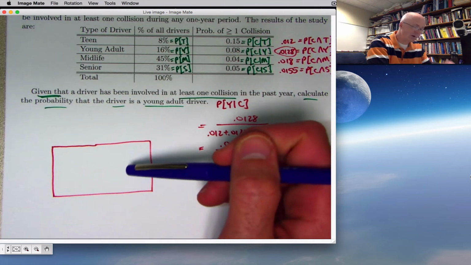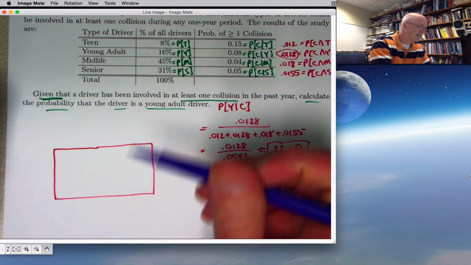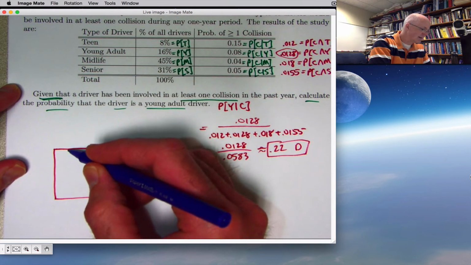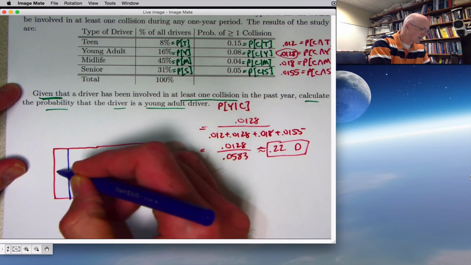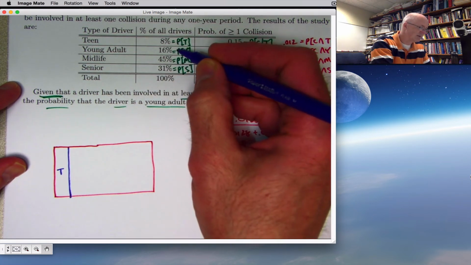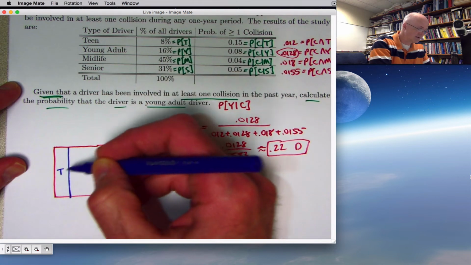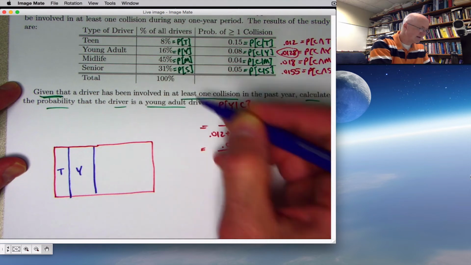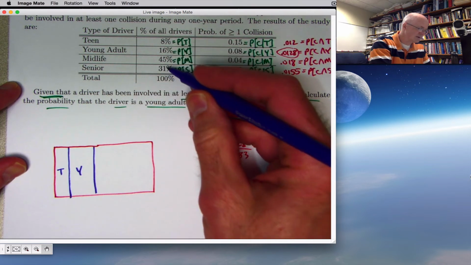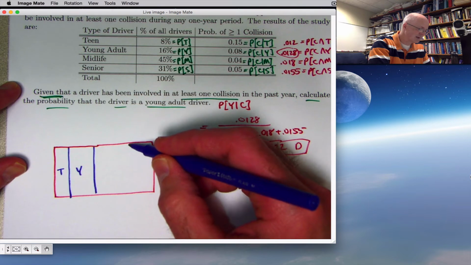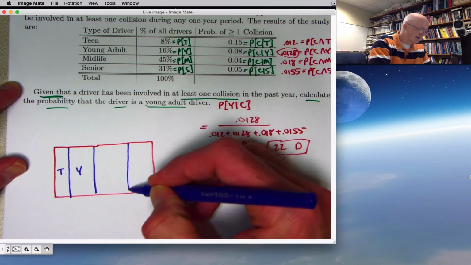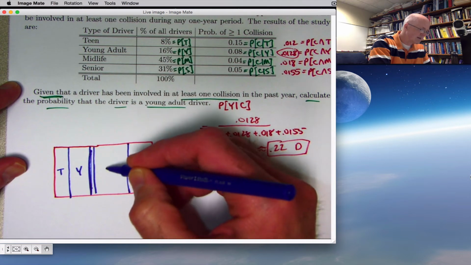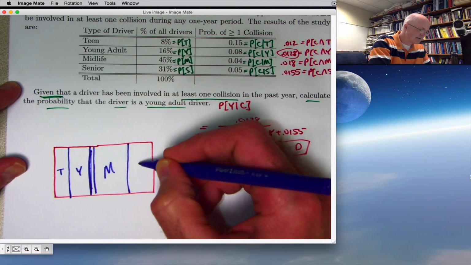If you imagine this rectangle having an area of 1, the teen would have an area of 0.08, maybe about like this or so. That would represent teenagers. The young adults would be 0.16 area, double this area, so double the width, maybe about like this. The midlife is 45%, the senior is 31%, maybe something about like this. I should probably make this one a little smaller here. Let's make this midlife and this senior right there.